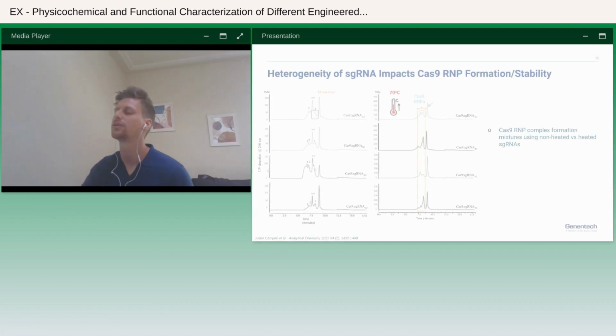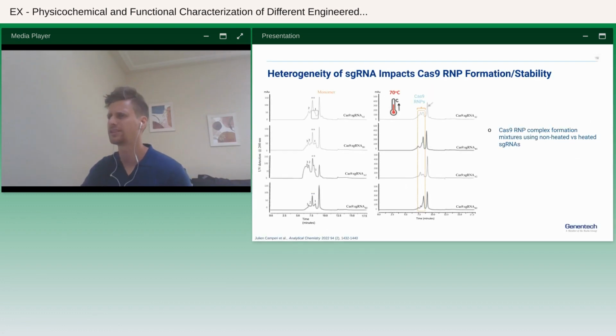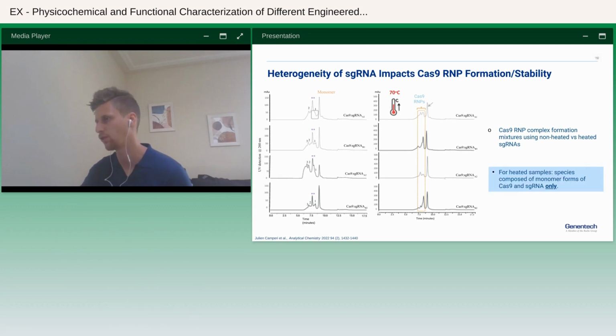But now I want to show you one example when we edit the guide RNA. What happens? If we edit the guide RNA, we remove peak 3 and peak 2, and we have only peak 1. And you can see that in this case, in this orange rectangle, all the species are composed of the monomer form of Cas9 and single guide RNA only.